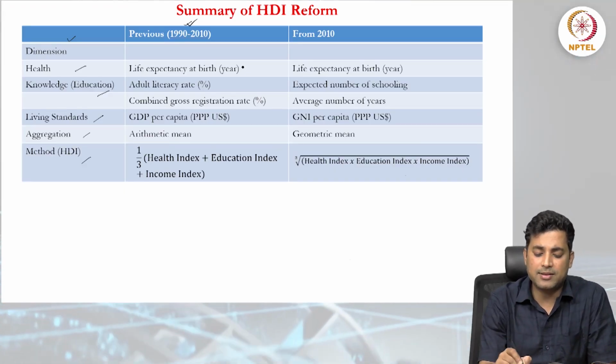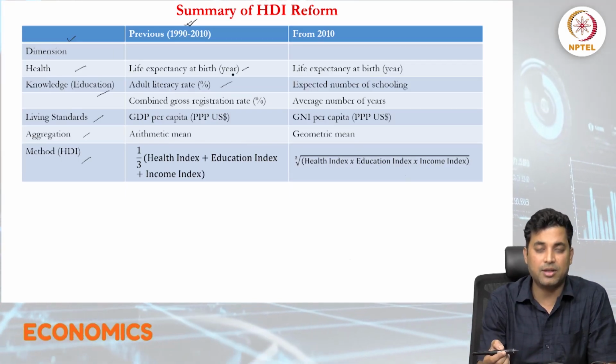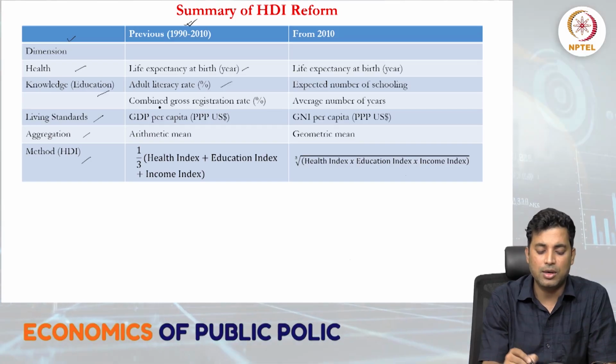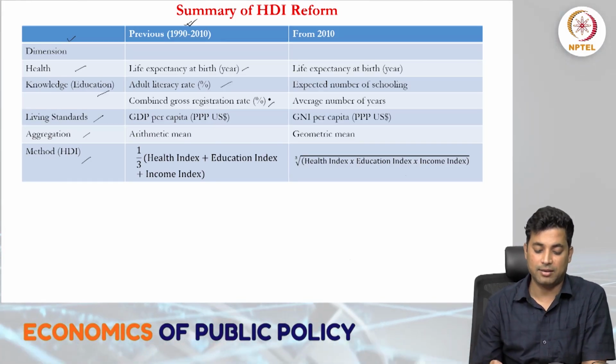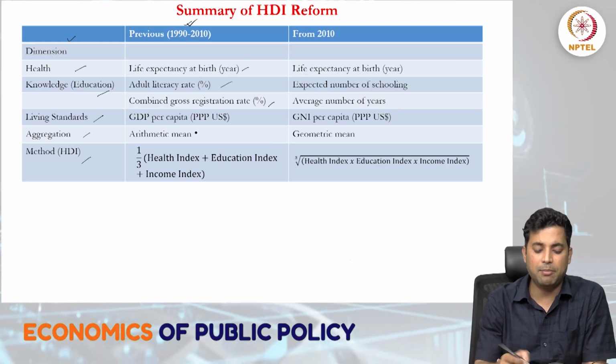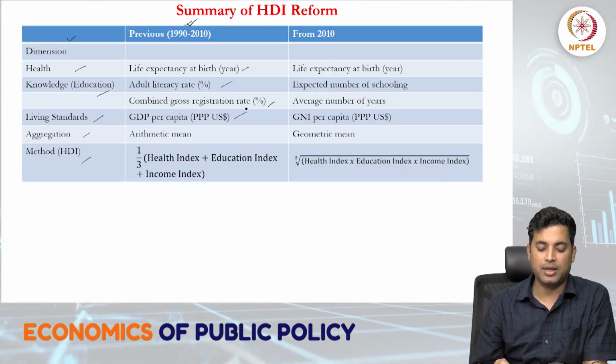We considered life expectancy at birth in years, adult literacy rate in percentage, and also the combined gross enrollment rate in school, and GDP per capita at purchasing power parity was taken into account.